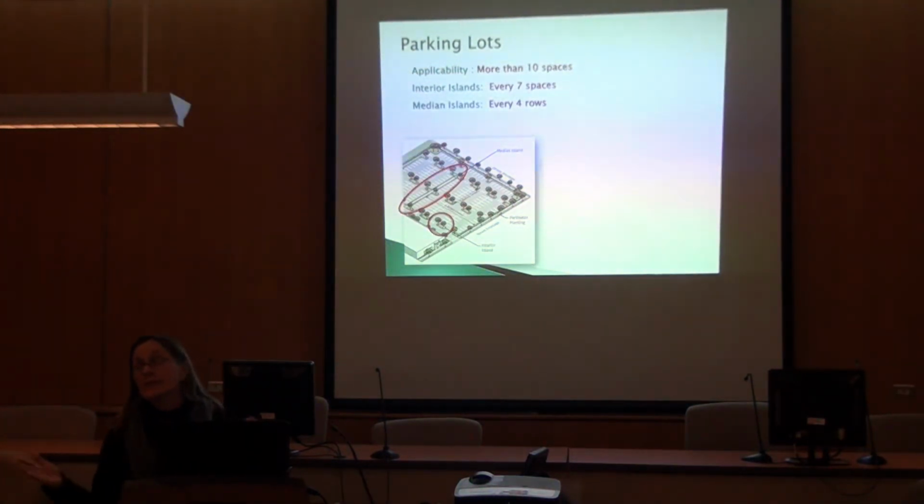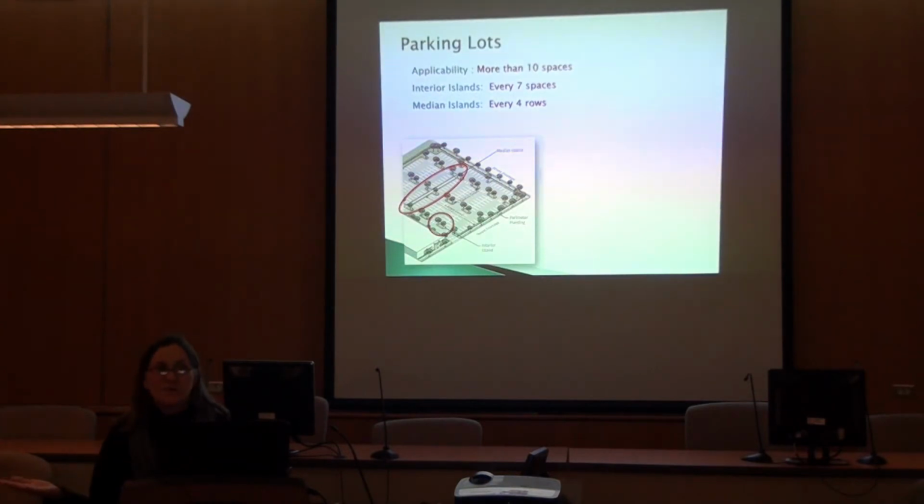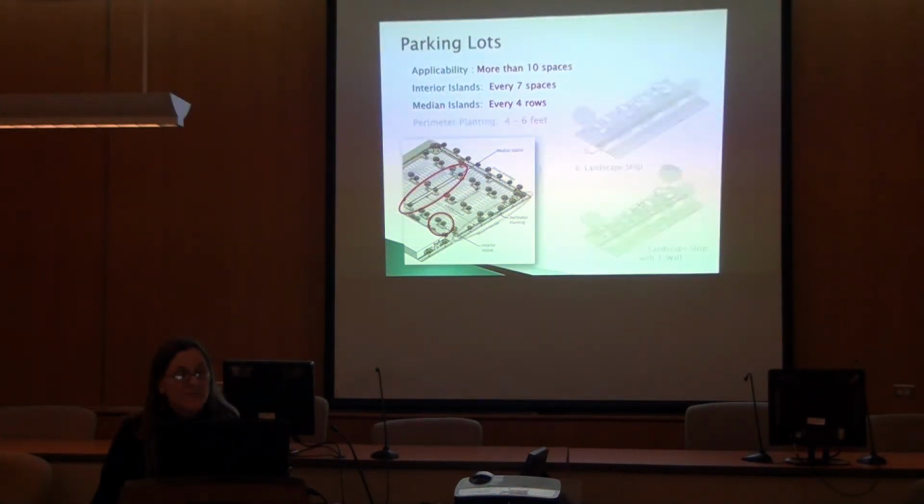If you have a pretty large parking lot with multiple rows of parking, then every 4 rows, we're going to ask you to put in a median between the cars that runs along the length of the aisle with some trees and plantings in there. All these are opportunities to put in some shrubs and things that will help absorb some of that stormwater, in addition to providing some shade in the area.